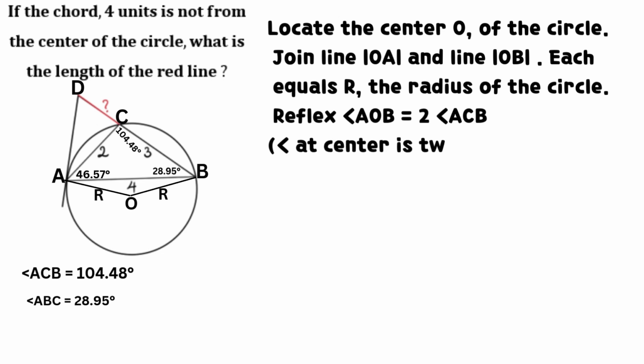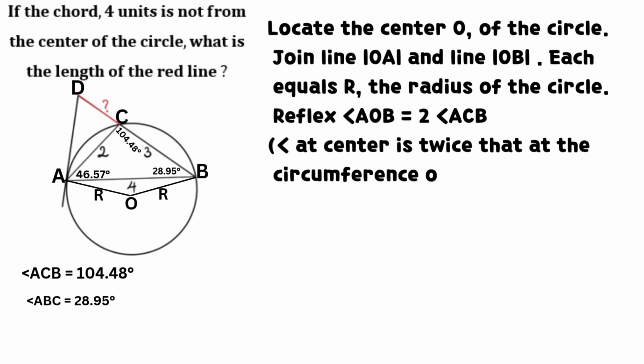Reflex angle AOB equals 2 times angle ACB. It is because the angle at center is twice that at the circumference of the circle. We can now substitute the value of the known angle ACB to find the value of the reflex angle AOB.